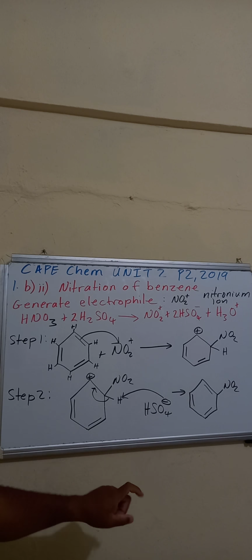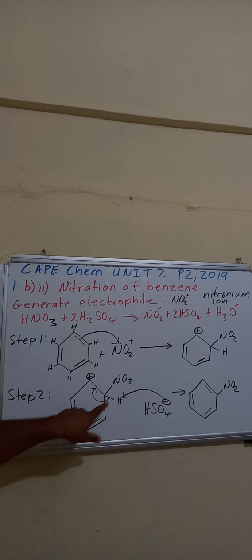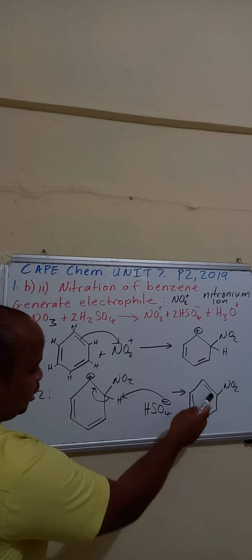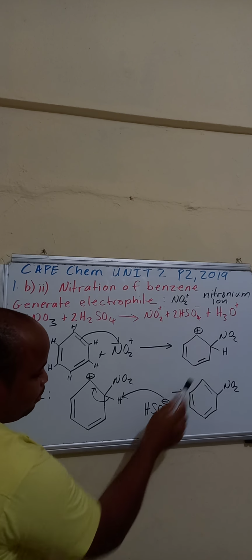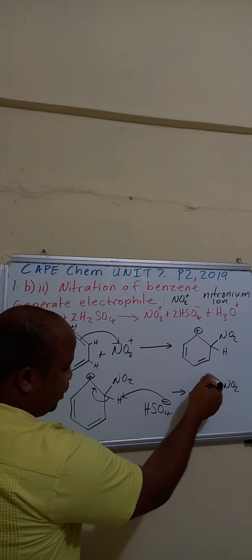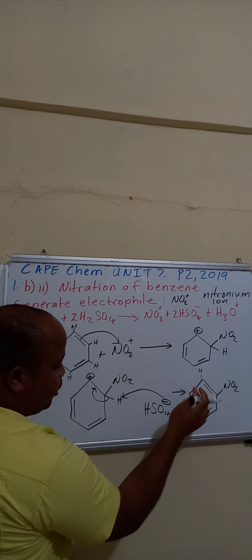So in step 2, the hydrogen is removed, and so the 2 electrons that were in this bond go back into the ring, and when that is formed, this carbon now has 1, 2, 3, plus the hydrogen, right? Remember that? So it has 1, 2, 3, 4 bonds.